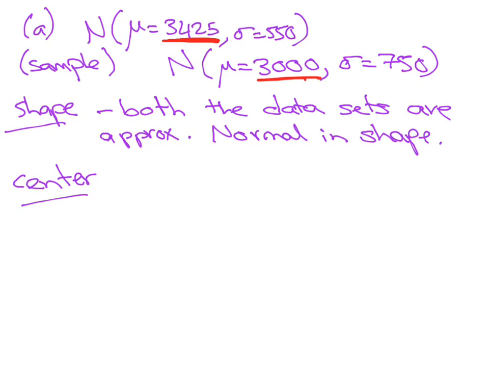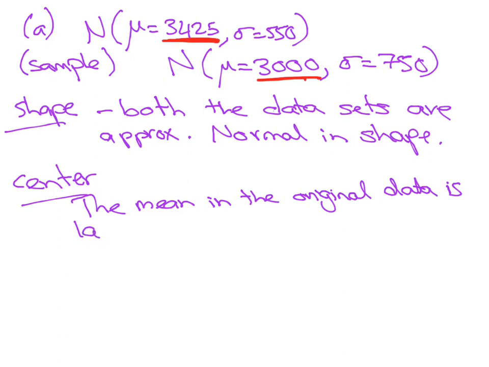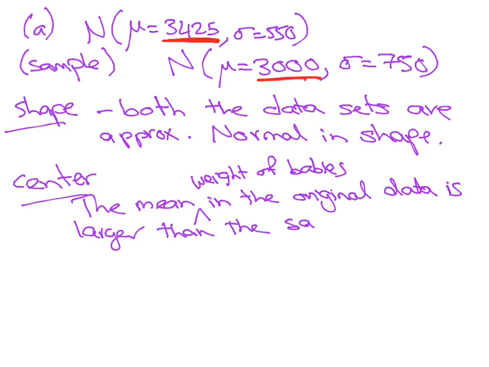So that's what we want to say there, is that the mean weight of babies in the original data is larger than the sample by 425 grams.